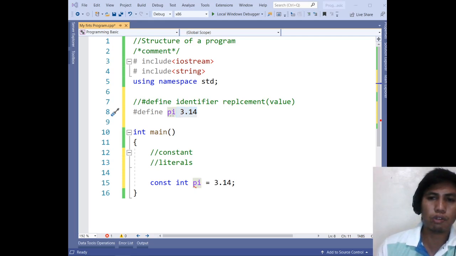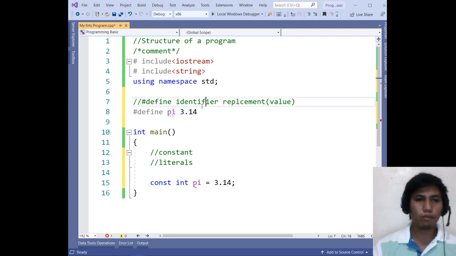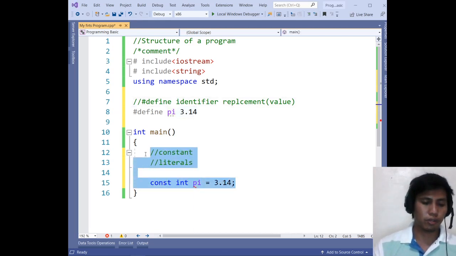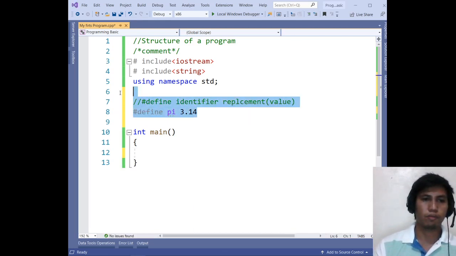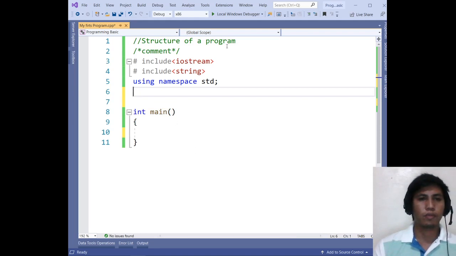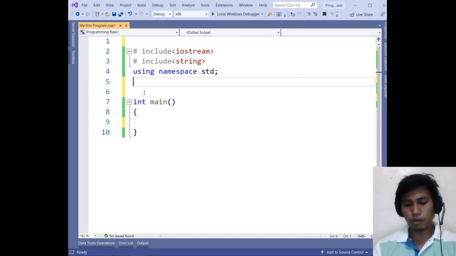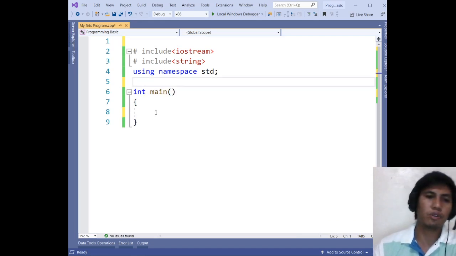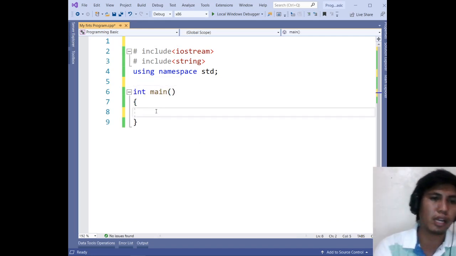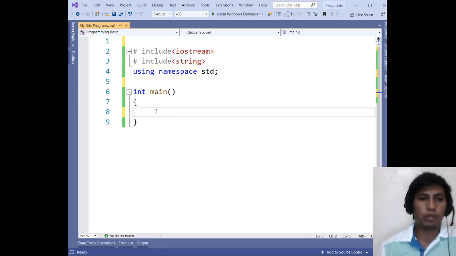So I would also like to discuss operators in C++. When we say operators, these are used for either mathematical operations or they are used in expressions.